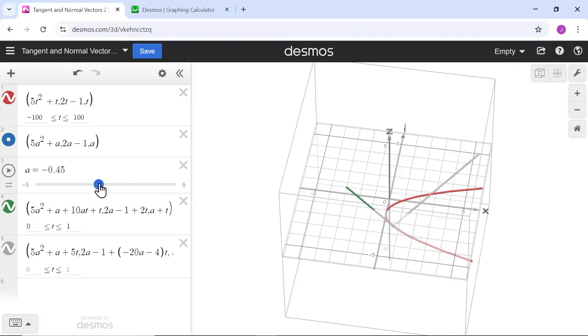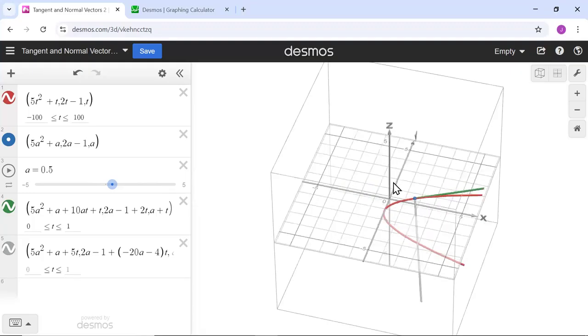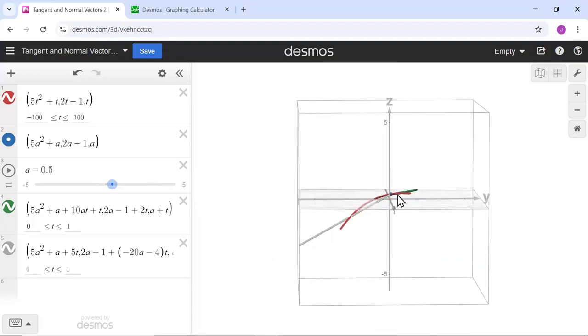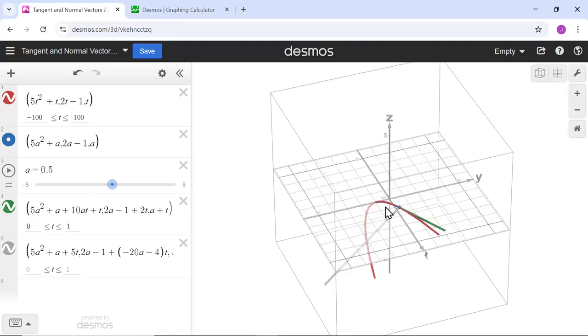And they're always going to be such that the tangent vector is moving in the direction of the curve. The normal vector is moving in an orthogonal direction, but it's this specific orthogonal direction where we have the concave part of our curve, pointing in towards the concave part, and in this plane. And they're creating this plane.